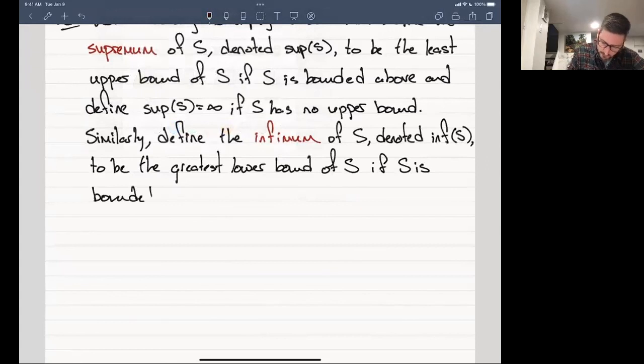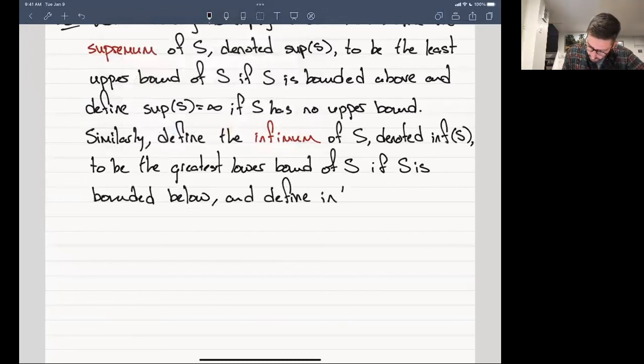So that corollary tells us that if you have a lower bound, you have a greatest lower bound. And we will define inf of S equal to minus infinity if S has no lower bound.